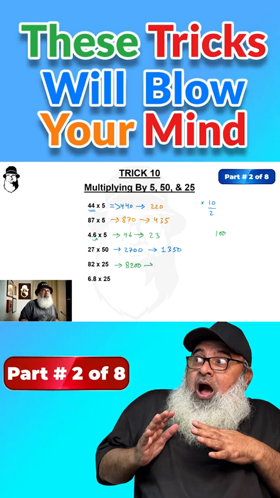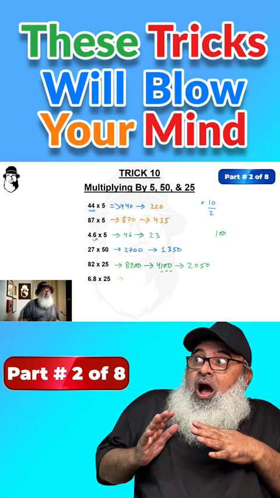We take half of it once, so 4100, and then we take half of it again. Now half of 4100 is 4000, half of 4000 is 2000, and half of 100 is 50, but be careful, we have 3 digits here. So 050.